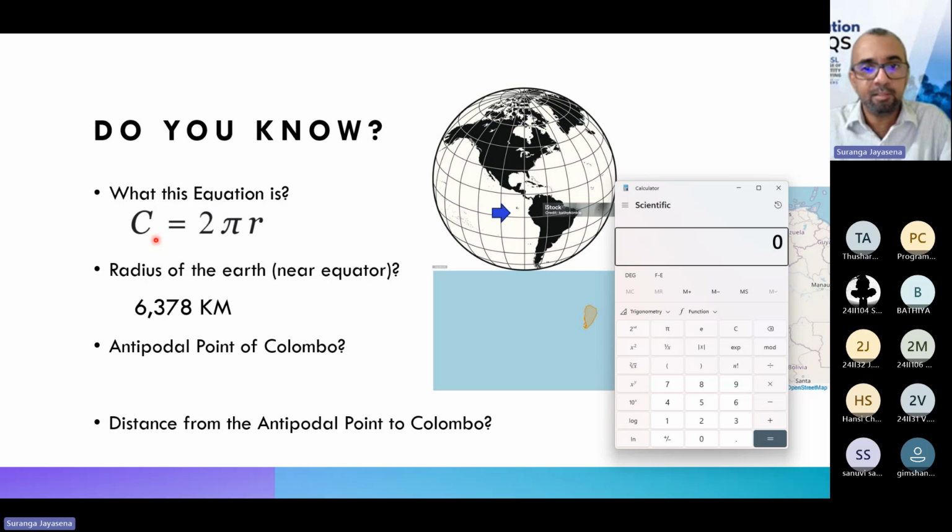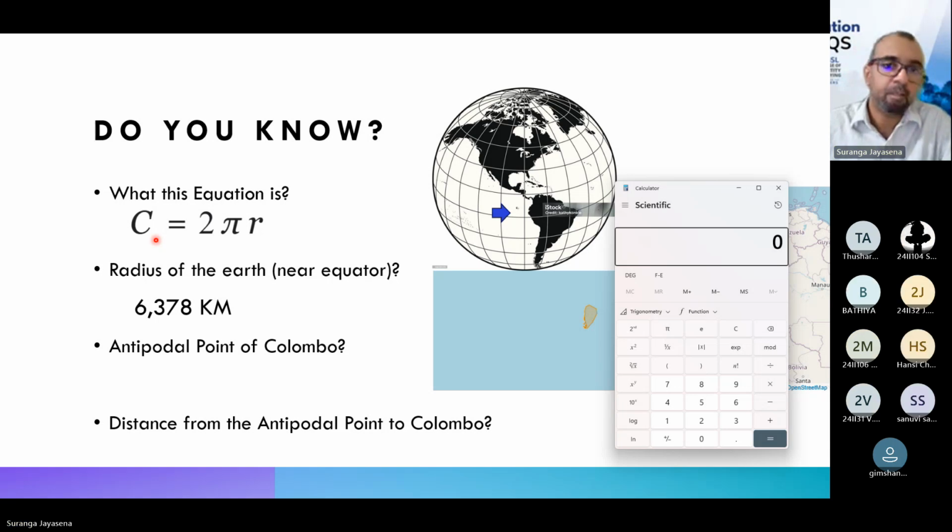Knowledge is knowing things like that, just remembering what it is, as Gimshan could remember the radius was roughly 6,000.